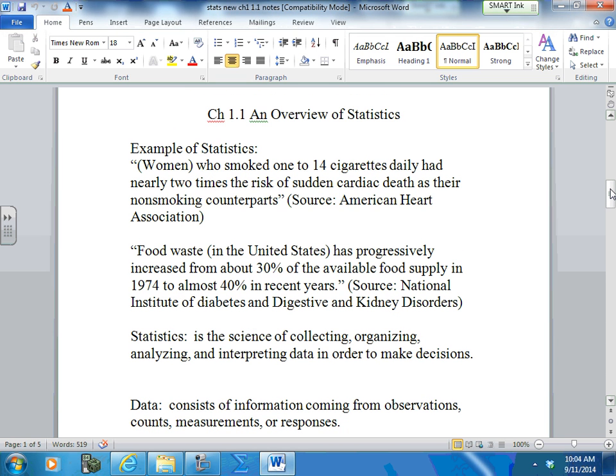Now, here's just examples of statistics. And statistics is all around you. Every time you look at your baseball scores, your standings for the football leagues, any of that, those are statistics. Anything that's countable. How many people in this school? How many courses you take? What's your GPA?